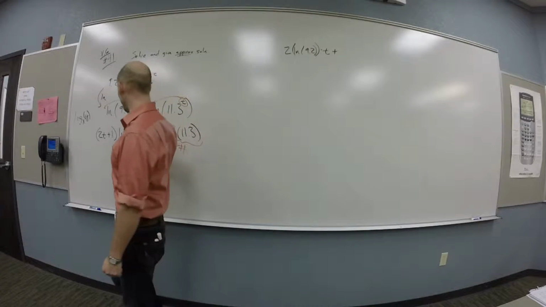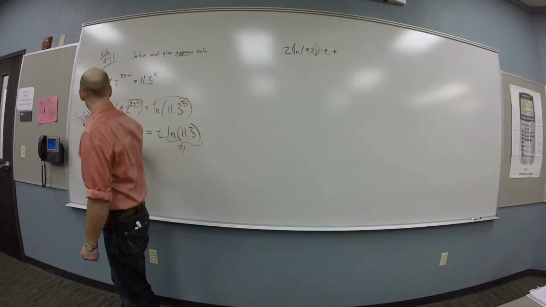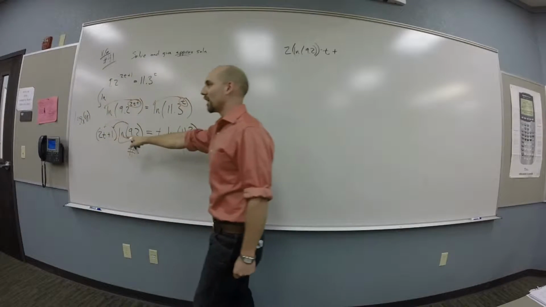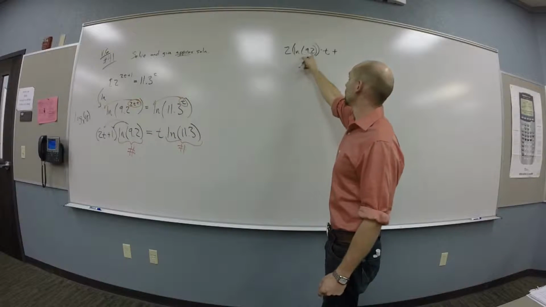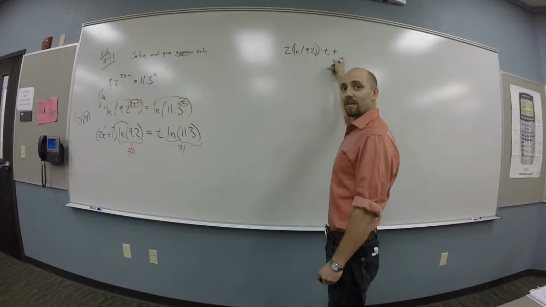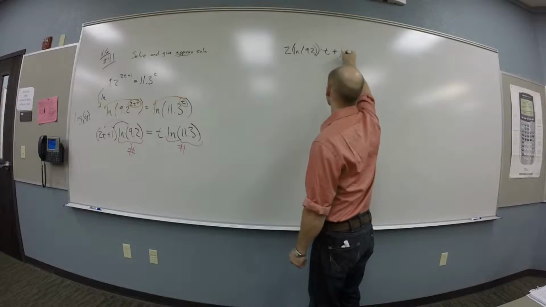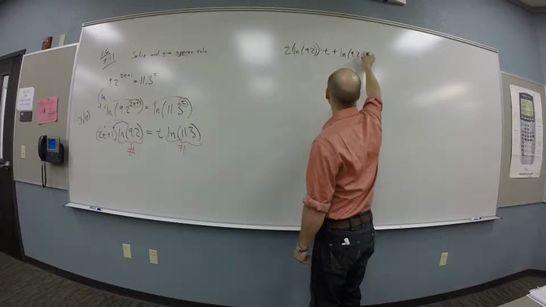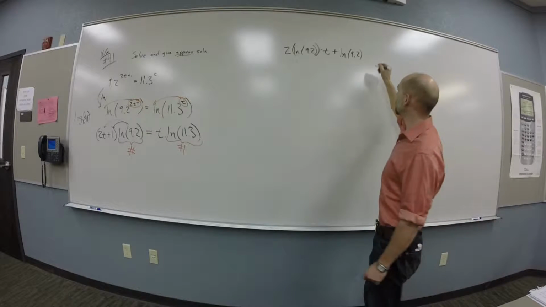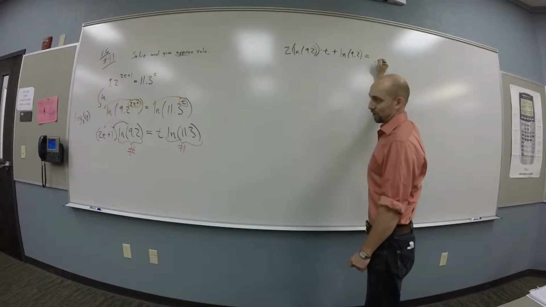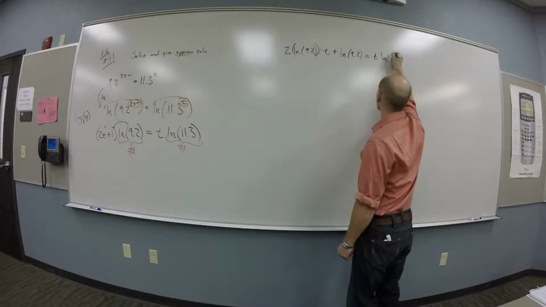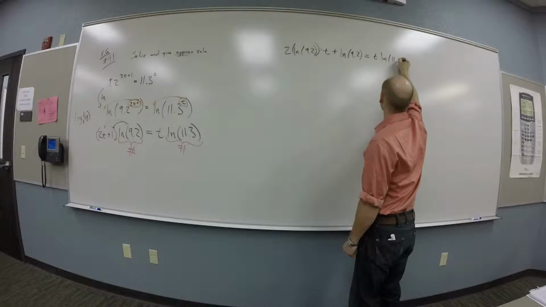I need to take this number and distribute it onto this piece and that piece. So I got 2 times the number, times t, plus ln of 9.2, just whatever that number is. And this is equal to t times ln of 11.3.